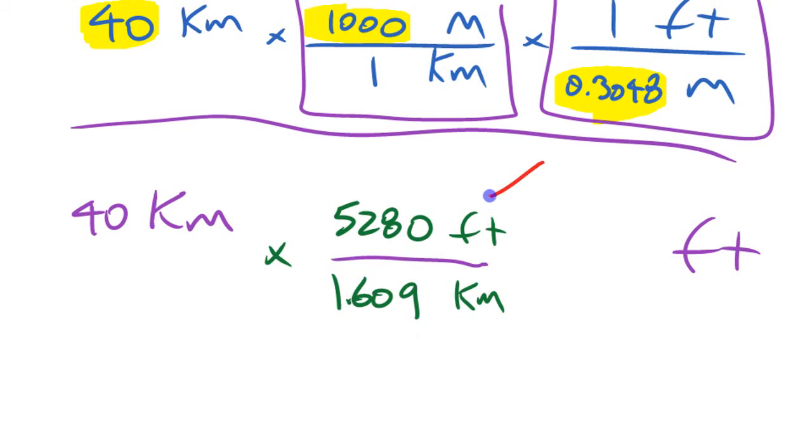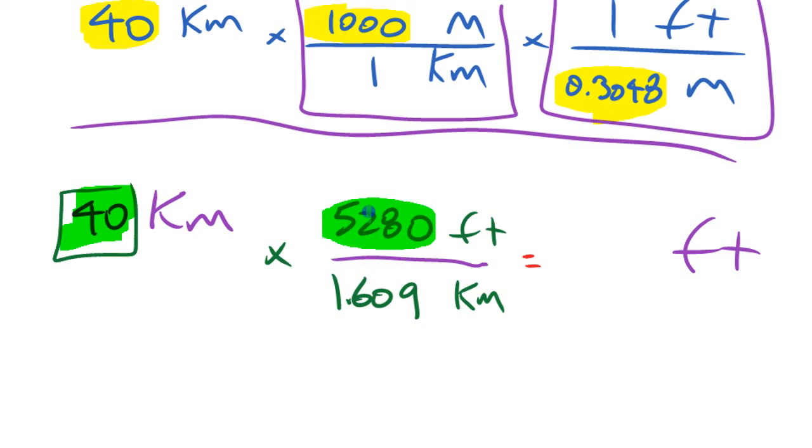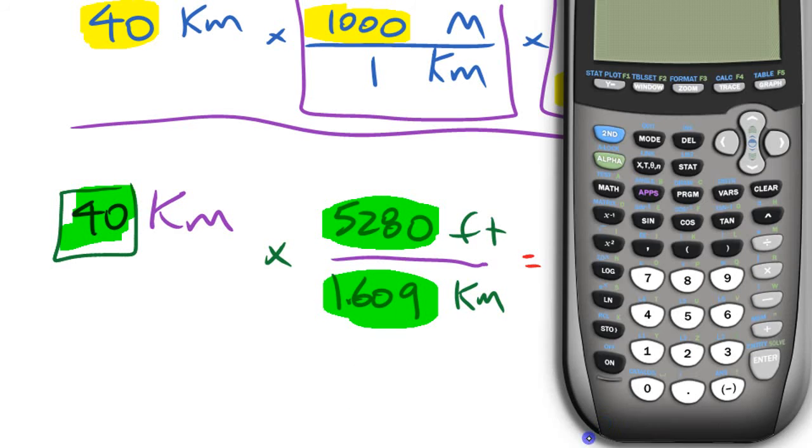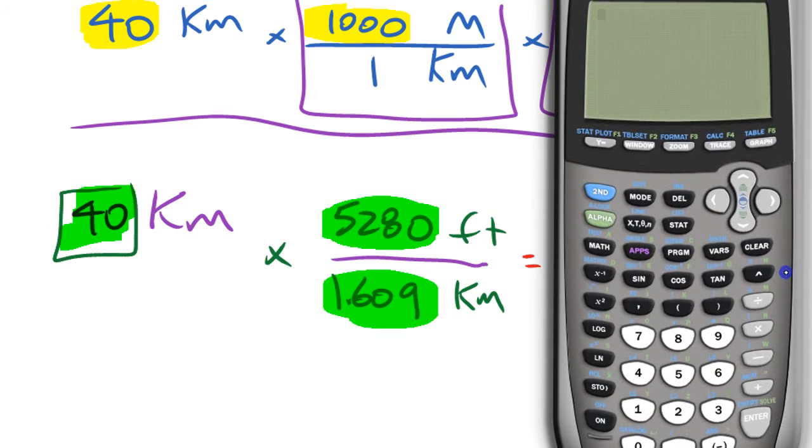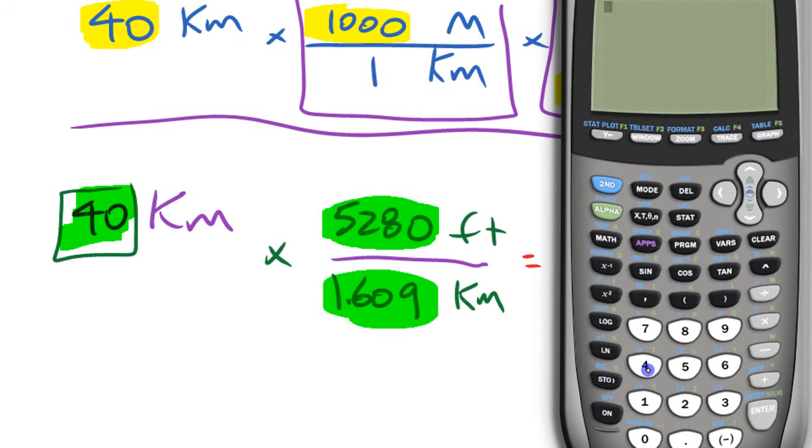You can say 5,280 feet is 1.609 kilometers. Then all you have to do is 40 times 5280, divided by 1.609, and that'll get you the answer. It should get you roughly close to the same answer you had the other way. Okay, so let's do that: 40 times 5280 divided by 1.609.